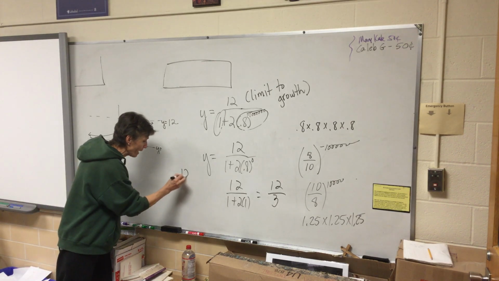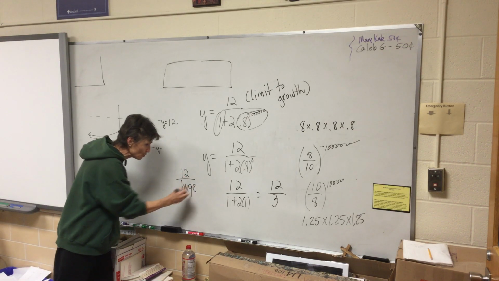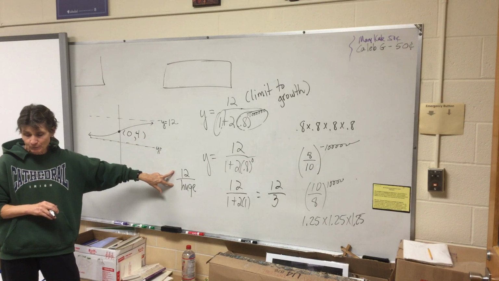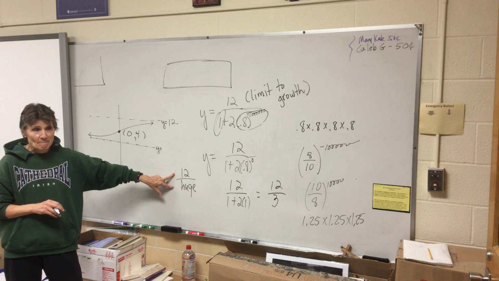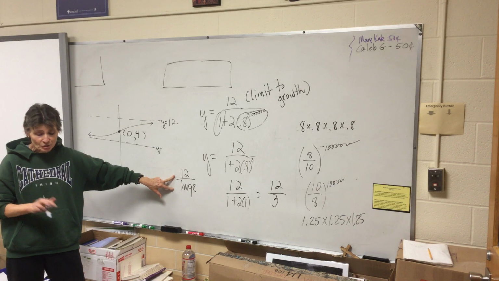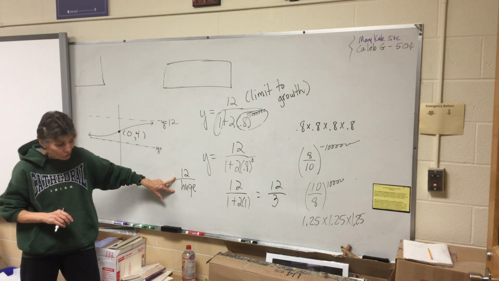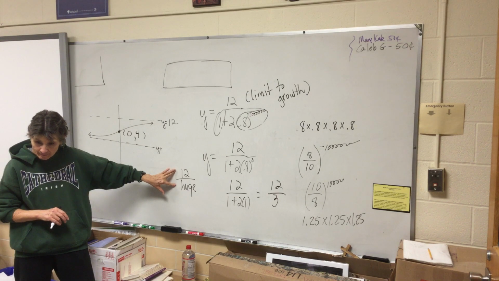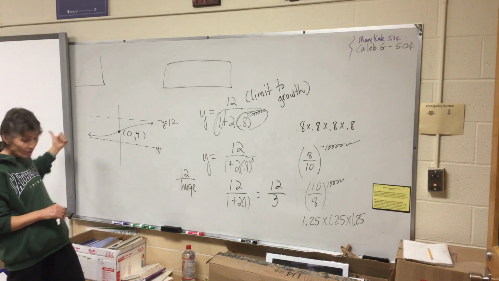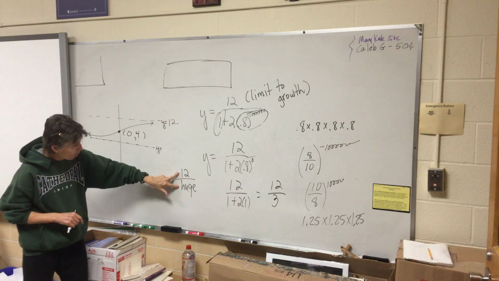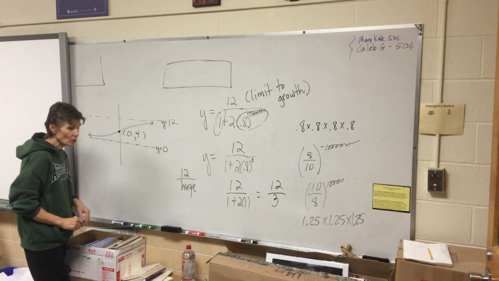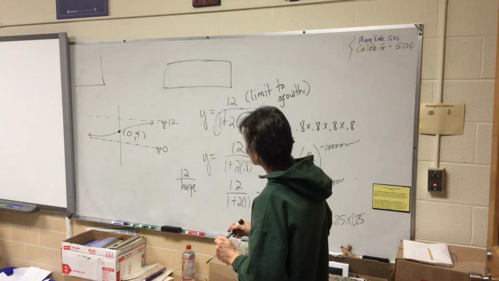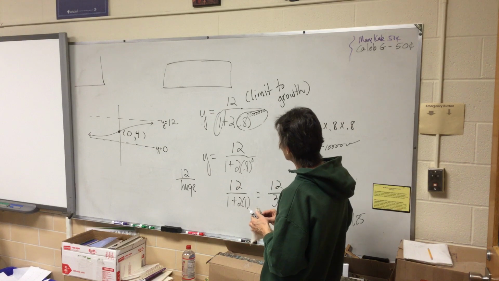Tell me about 12 divided by a huge number. Big or little value? Little. Very little. And, excuse my language here, but the huger that gets, the littler this gets. So the farther I go that way, the smaller this gets, so the asymptote is at 0. It's going to stay positive, but it's going to keep getting smaller and smaller and smaller.